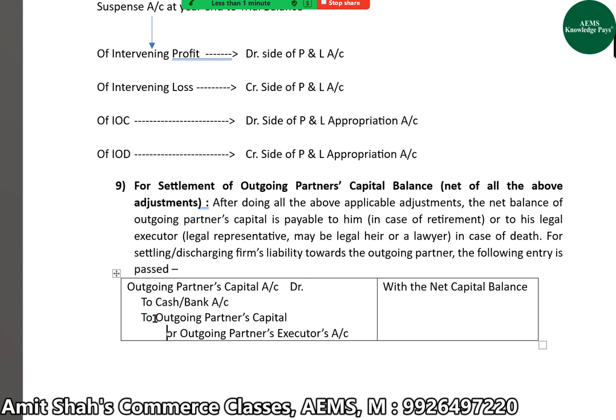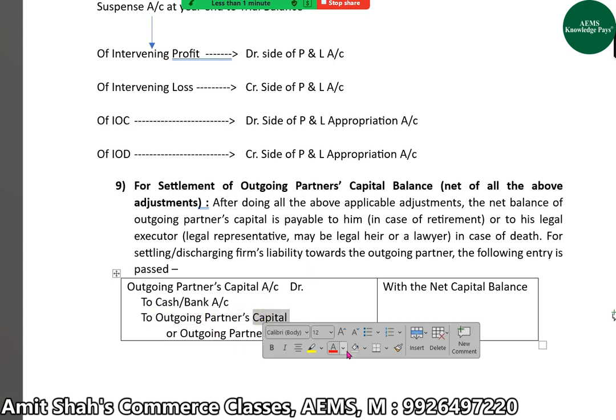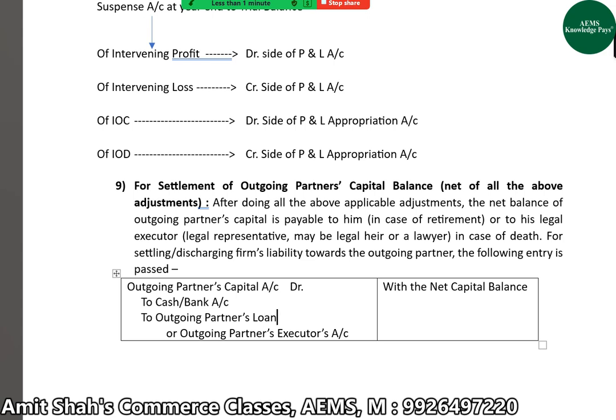So in case of retirement, we credit outgoing partner's loan account. In case of death, we credit outgoing partner's executor's loan account.